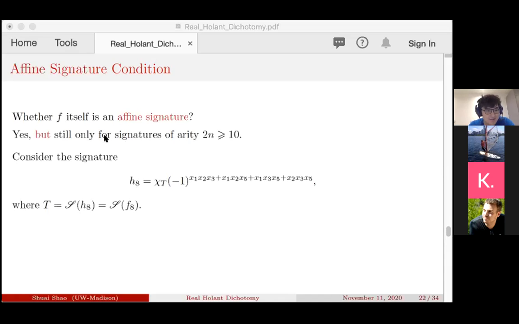So there exists a non-affine signature of arity 8, such that by merging it using binary signatures, we can only get affine signatures. All non-zero entries of this signature have the same norm, norm 1, and the support of this signature is the same as the support of this signature F sub 8. We will go into this support later.